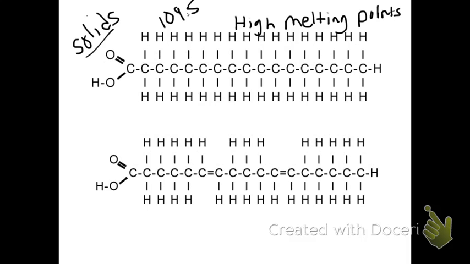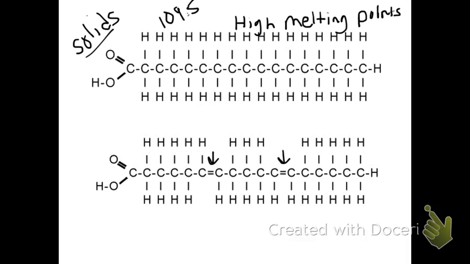Now, unsaturated fatty acids, because they have double bonds in them, as we point out here, that double bond is going to cause a kink in the chain. We mentioned that in the first tutorial with phospholipids, that double bonds in the fatty acids of those phospholipids cause kinks instead of straight chains.